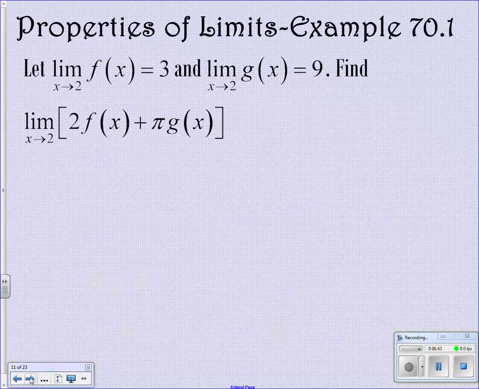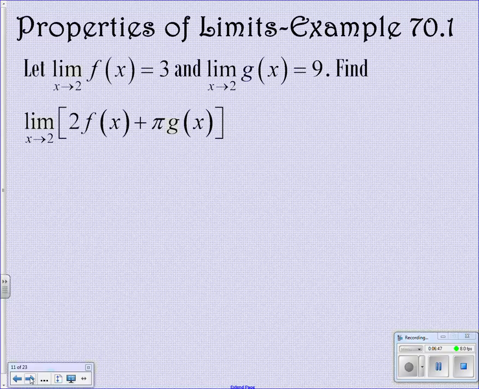Alright, so let's look at an example. We have the limit as x approaches 2 of f of x equals 3, and the limit as x approaches 2 of g of x equals 9. We want to find the limit as x approaches 2 of 2f(x) plus pi g(x).